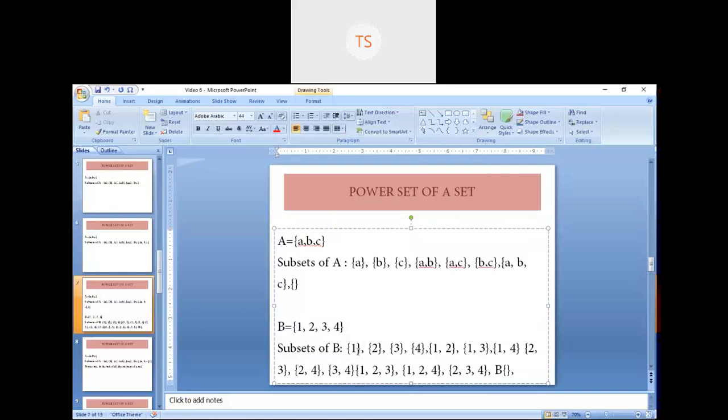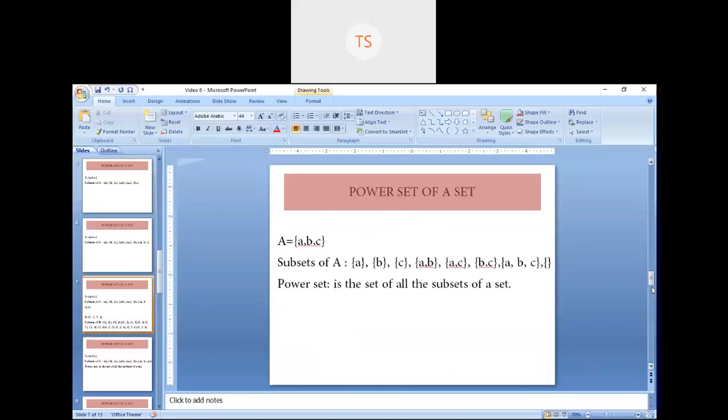So how many subsets you will have? 1, 2, 3, 4, 5, 6, 7, 8, 9, 10, 11, 12, 13, 14, 15, and I think you will have one more subset. Here you can write 1, comma 3, comma 4. So these 16 subsets you will have for the set capital B.